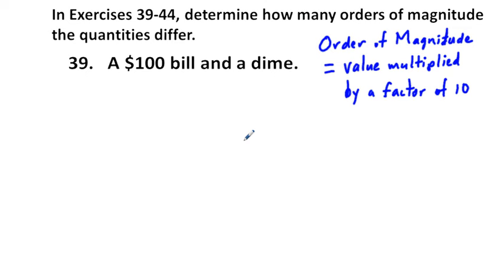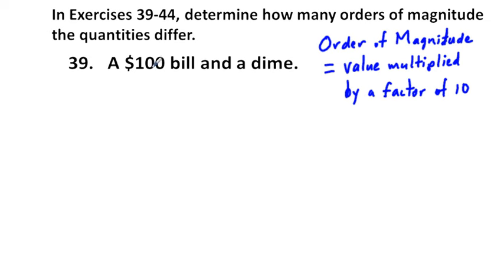So if I do 1 hour of work and someone else works 10 hours, that person did 1 order of magnitude more than I did in working.